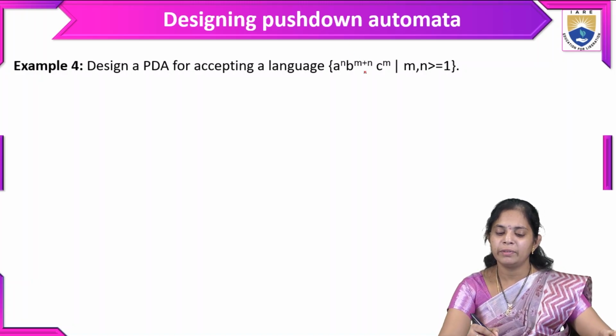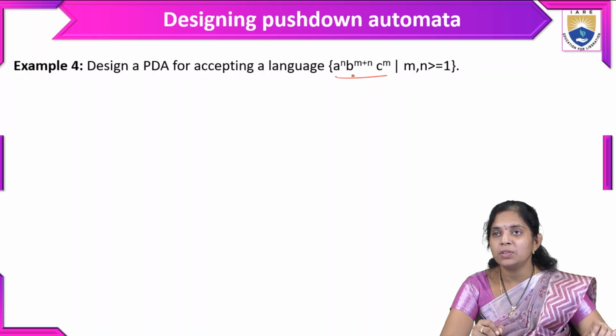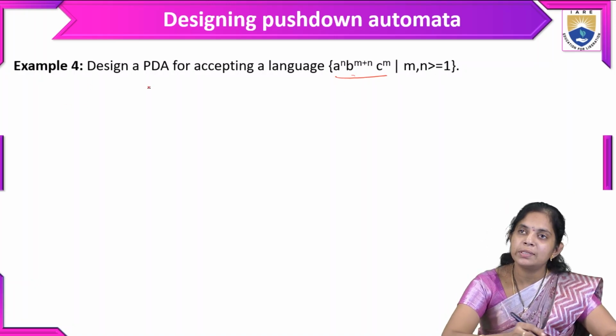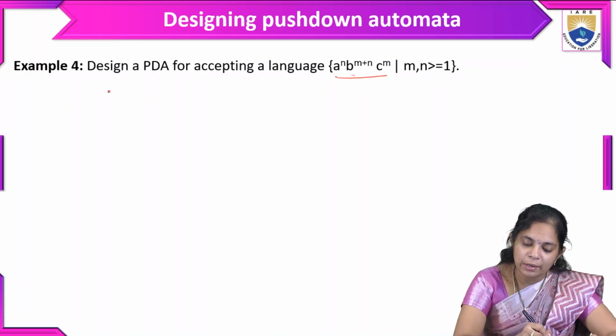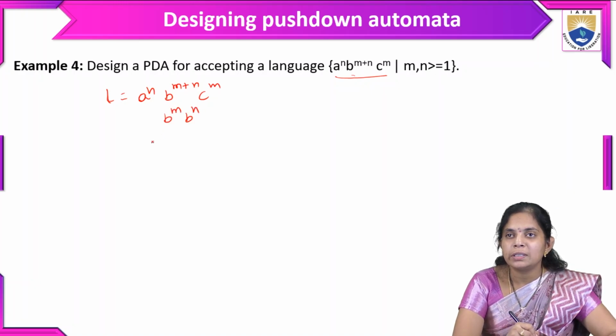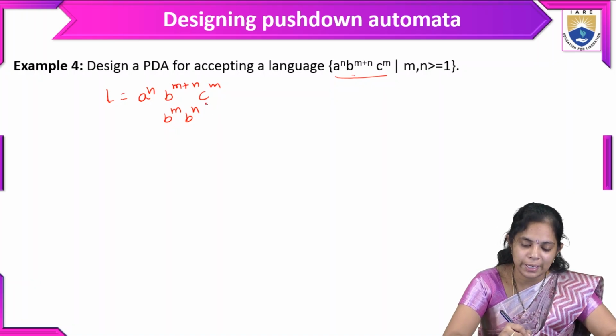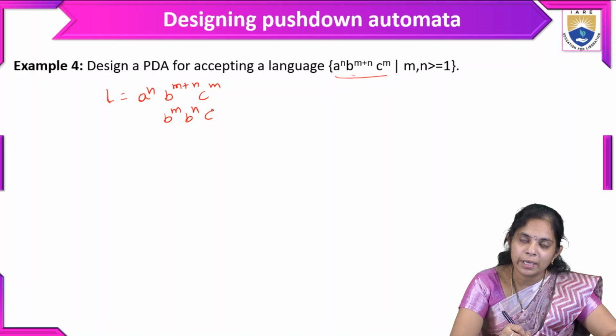And here we have an example like A power n, B power m plus n, C power m, where addition is involved. So how do we design this? Here the B power will be written as B power m, B power n.